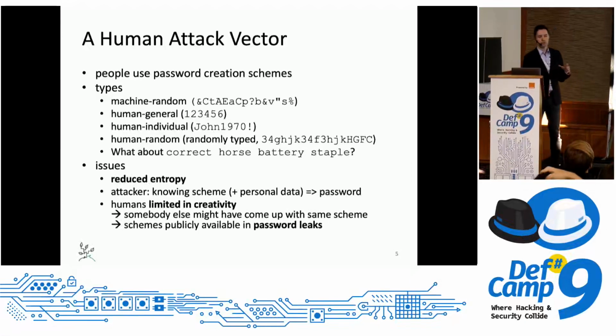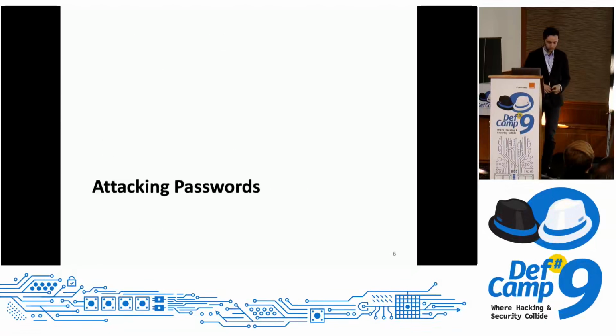We see that password schemes get reused a lot across several people. So many people have the idea of adding an exclamation mark at the end. And we can analyze that by those password leaks. And if somebody has come up with such a password scheme, then it might be available in these password leaks.